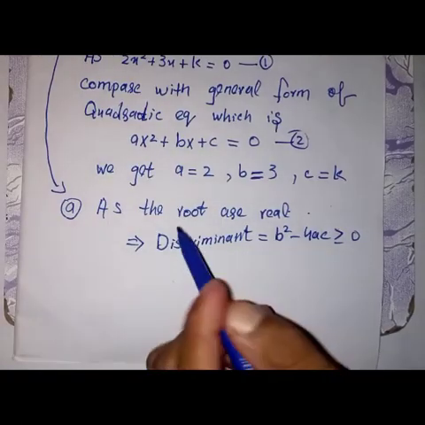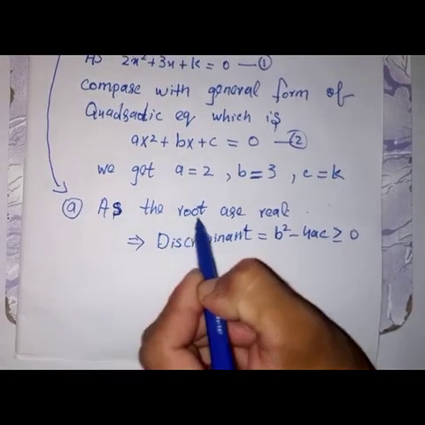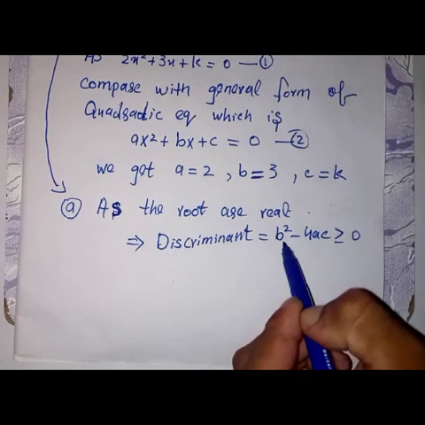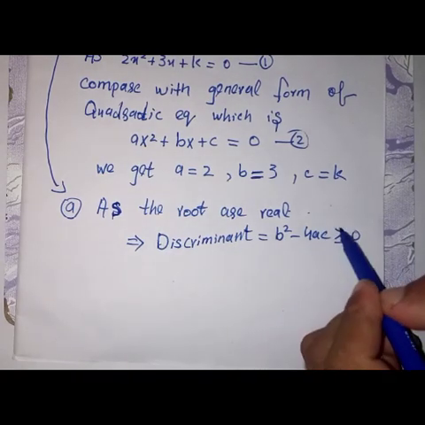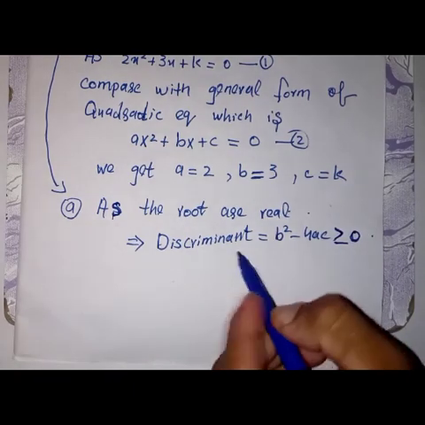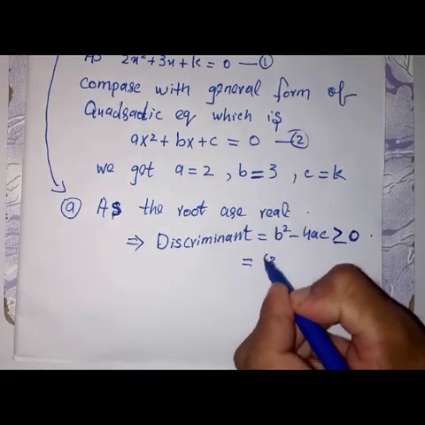Now the first part is, as the roots are real, if the roots are greater than or equal to 0, so we put the discriminant b square minus 4ac is greater than or equal to 0. Now we simply put the values of a, b, c in the discriminant.